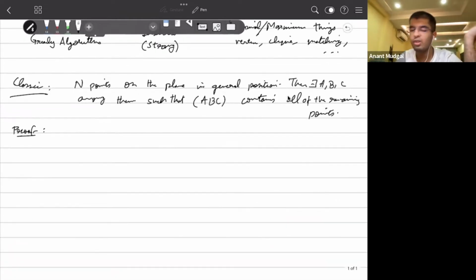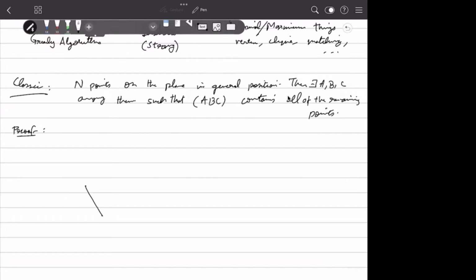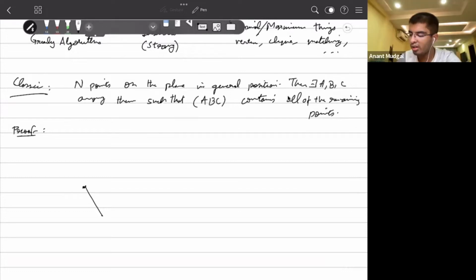One common proof typically looks like this. This is the one I'm more familiar with writing out: you just consider the largest angle. So you consider the largest possible angle, or the smallest possible angle because you want to make the circle big. Either way, largest, smallest, same thing.